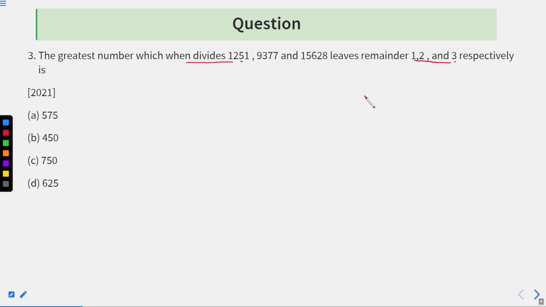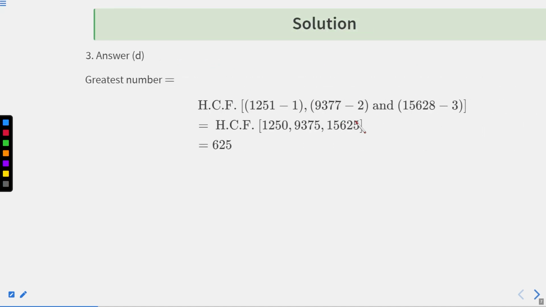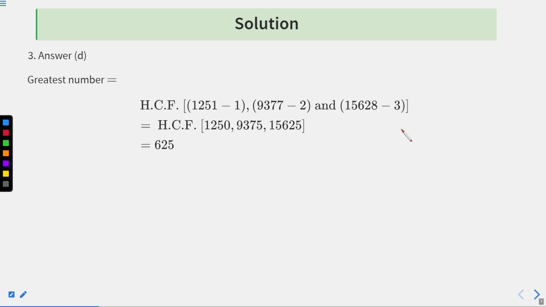For solving this question we have to use the concept of highest common factor. The greatest number is basically the highest common factor of these 3 numbers: 1251 minus 1, 9377 minus 2, and 15628 minus 3.